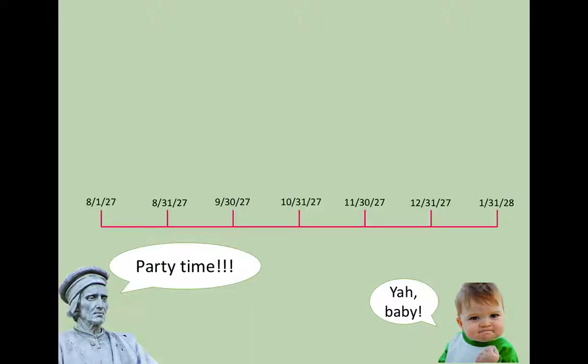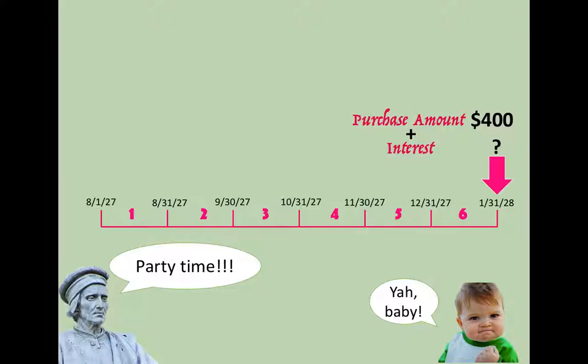So here's our 6-month timeline. We have the months of August, September, October, November, December, and January. Carl is going to receive from Mr. Moneylater the purchase amount, which is $400, and some amount of interest on January 31st of 2028.